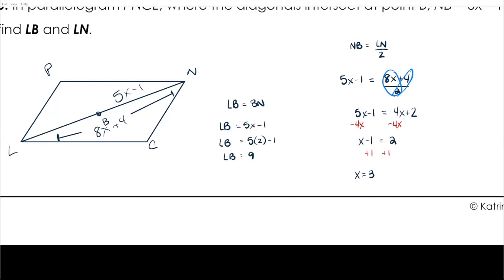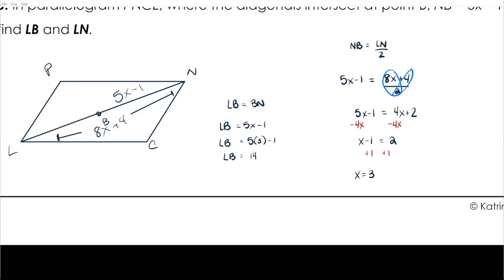Now, mathematically speaking, since we found LB to be 9, when we substitute that 2, or that 3, oops, sorry guys, sabotage by Coach O. Just straight sabotage. So we get 5 times 3 minus 1, which is 14. My apologies.